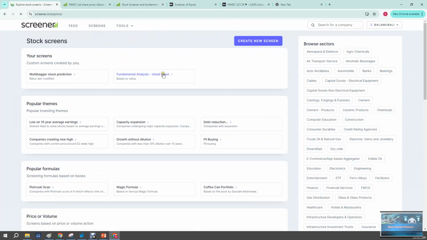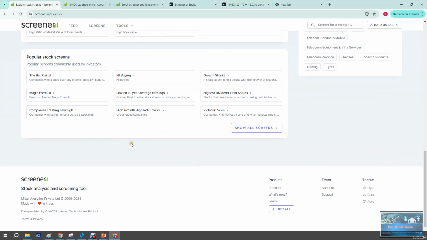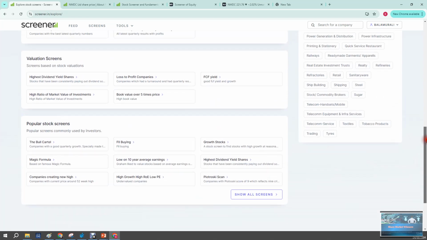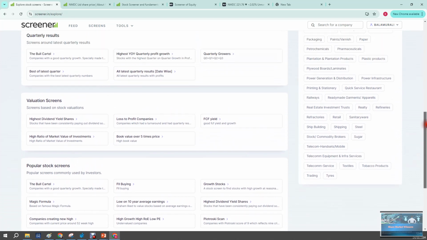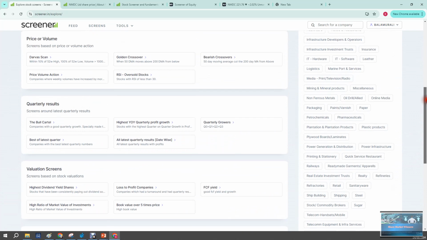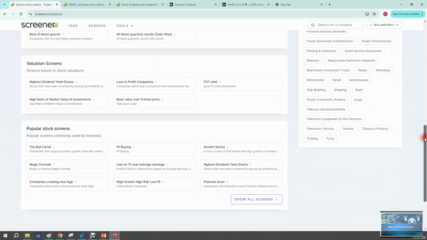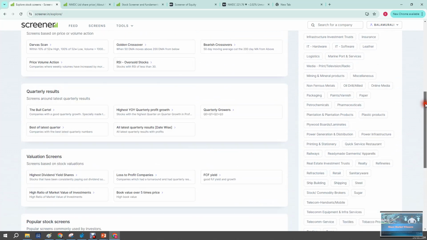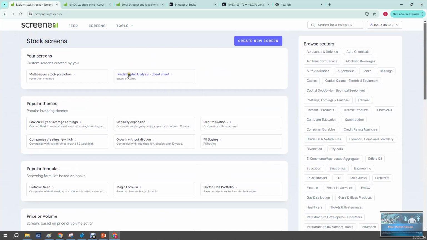In the screener itself, other things which I told you, like whether a golden crossover happens or not, you can also identify that. I have not seen that here, but you can write a query saying that the 50 moving average crosses the 200 moving average. You can even find those by searching here, I think. Let's see.